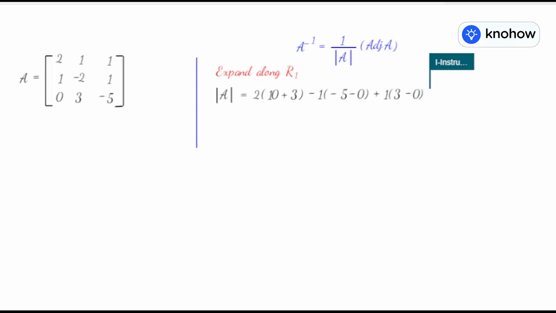Work it out, you get 26 plus 5 plus 3, that is 34. So finally the value of determinant A is 34.